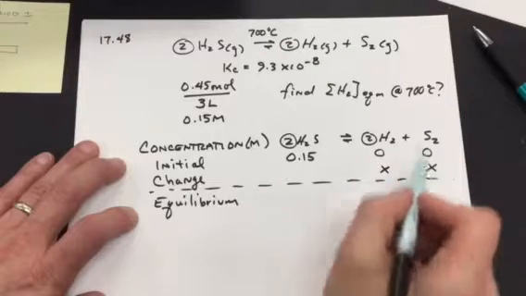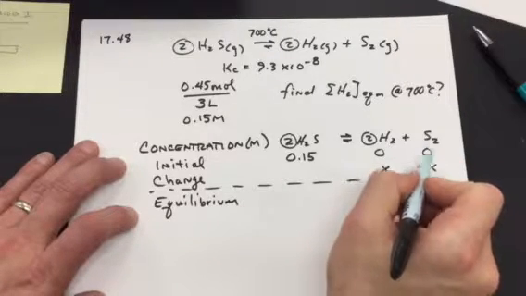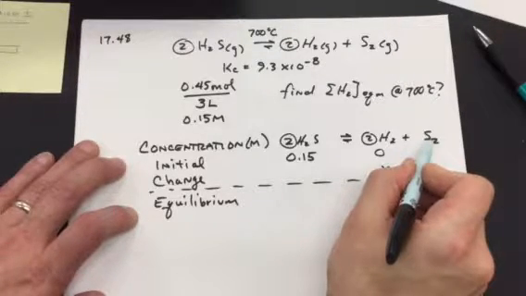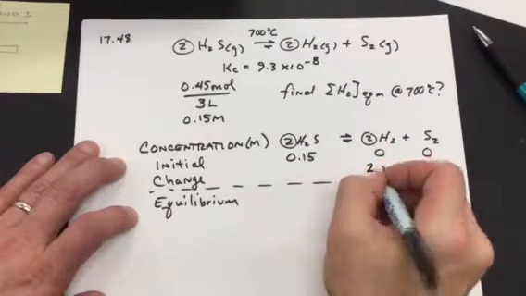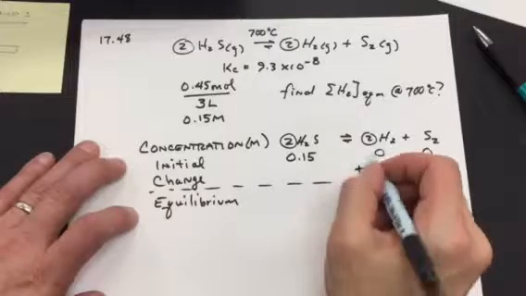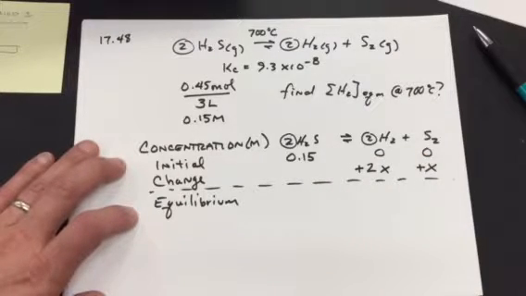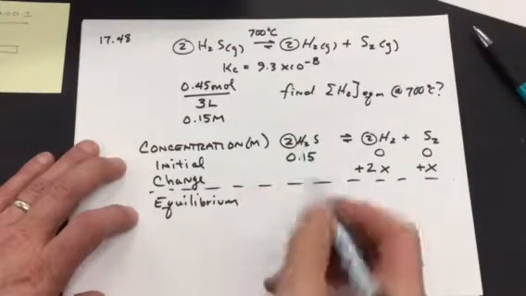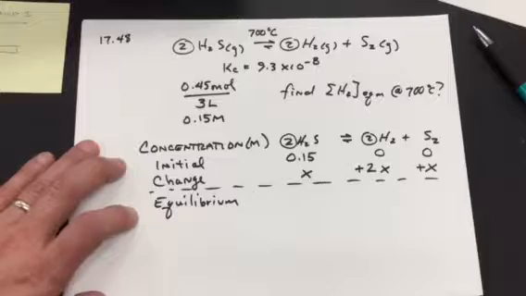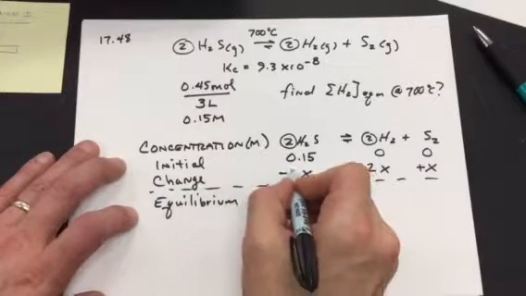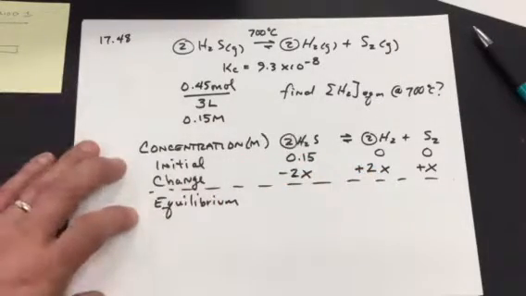But look, if you have an X worth of S2, since this is a 2-to-1 ratio for hydrogen to sulfur, this would be a 2X. And we would form that so it would also be a plus 2X. Where do we get the H2 and the S2? We get them from H2S, so this would be minus some value of X. And because the coefficient is 2, it's minus 2X.